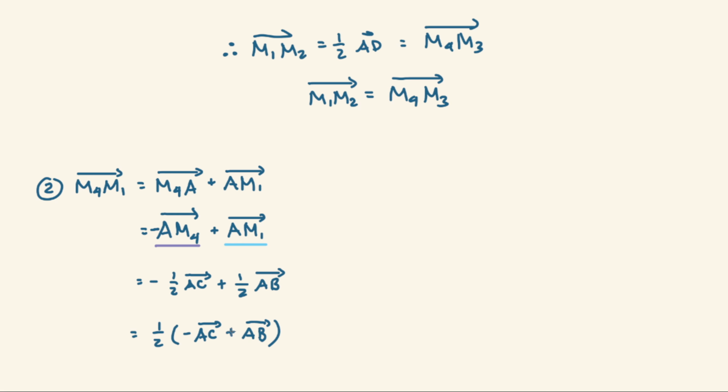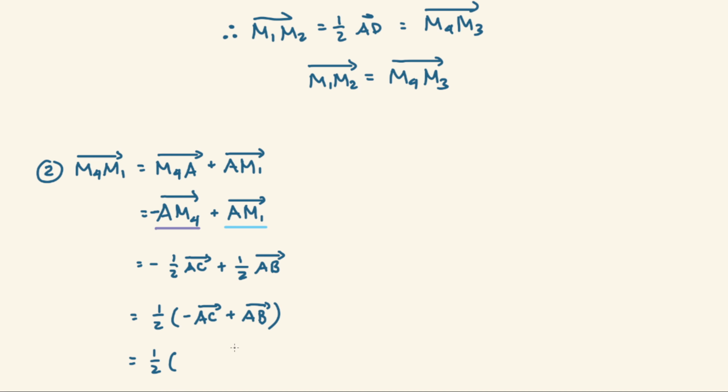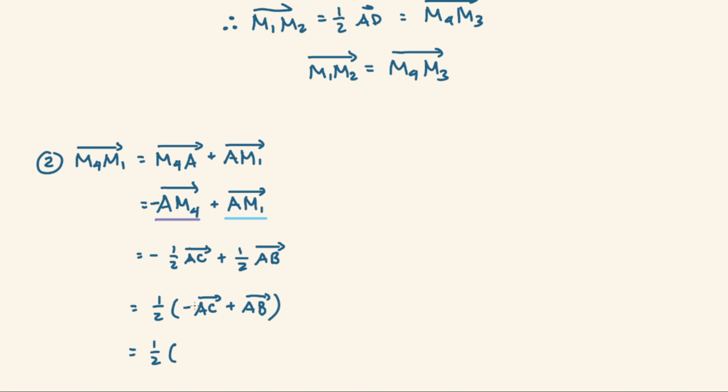And you might be looking at this and going, okay, we can't use that vector property that we had before where the two vertices in the middle are the same, so we could just add these two vectors easily. But remember, if we have a negative sign, that just means that we flip the head and the tail of the vector, right? So how about we get rid of that negative sign and rewrite this, let me scroll down, this negative AC here, we get rid of that negative sign, it's going to become the vector CA.